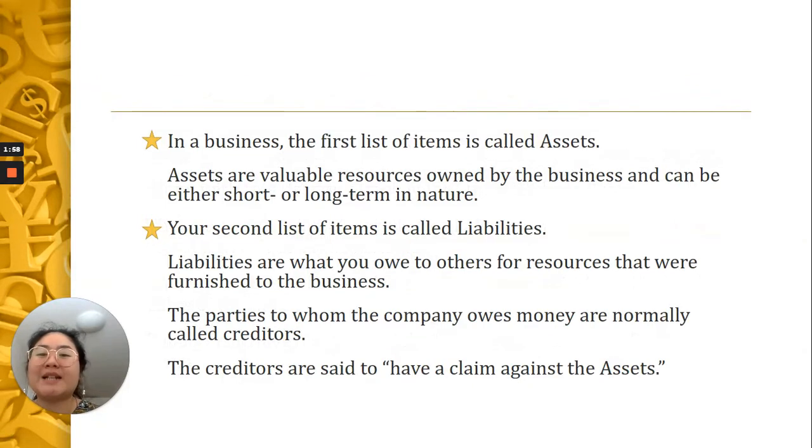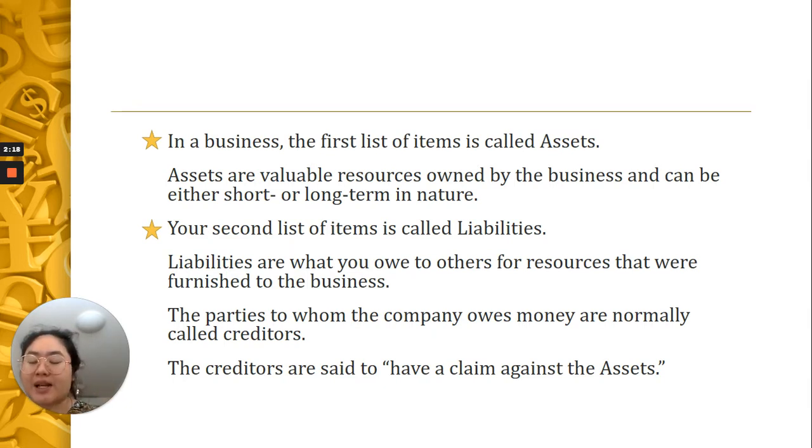In a business, the first list of items is called assets. Assets are the valuable resources owned by the business and can be either short-term or long-term in nature.